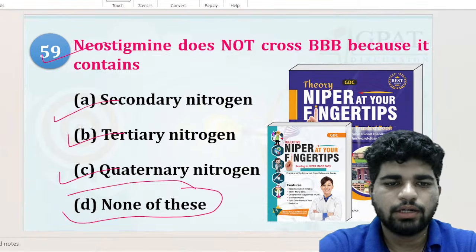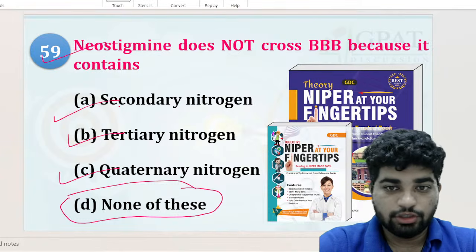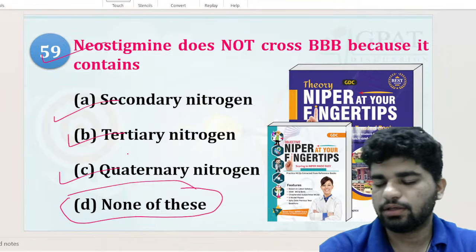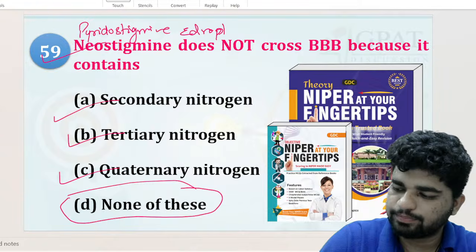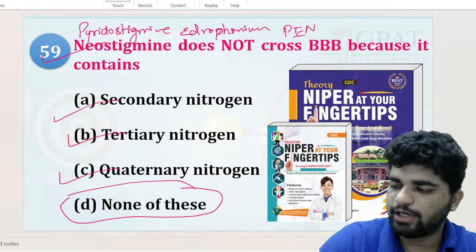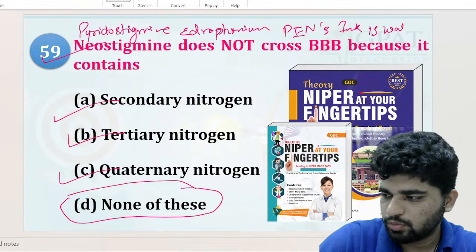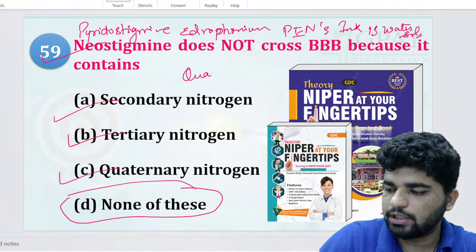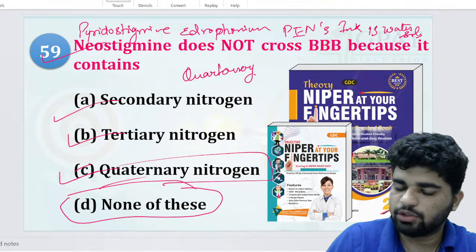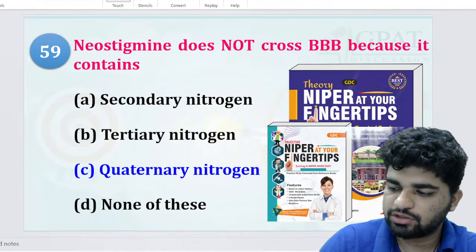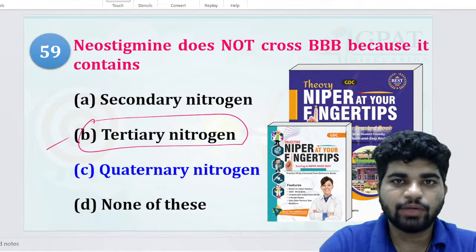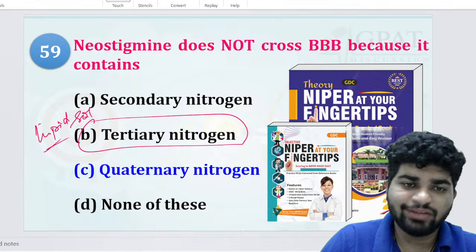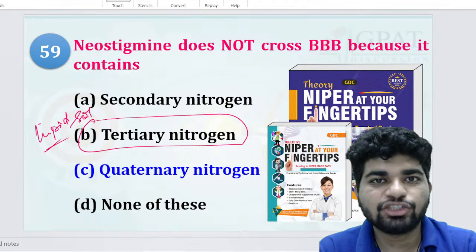Neostigmine, pyridostigmine, and edrophonium, these three are water soluble, just because of the quaternary ammonium structure. Whereas tertiary nitrogen compounds like rivastigmine and galantamine are lipid soluble in nature, and that's why they are essential in Alzheimer's disease.